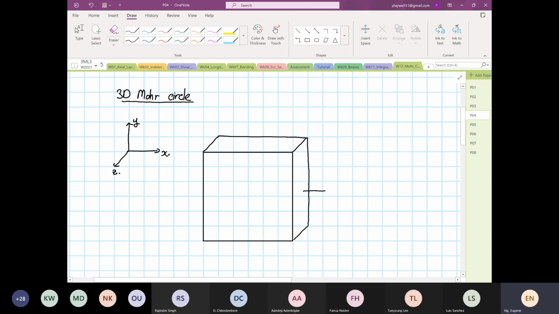So this is stress X, stress Y, stress Z. Now we have planes. So what we have down here, this is our YZ plane. This is our XZ plane. And over here, this is our XY plane.